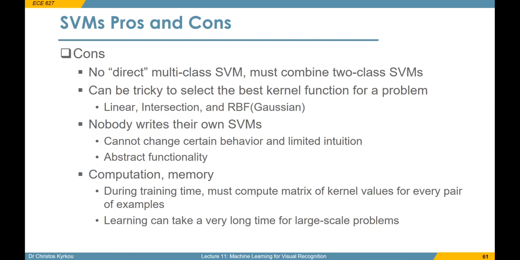And during training, they require a lot of memory, as I alluded to before, since they have to compute the dot product matrix with all the training data. And when you have a lot of data, going to larger scale problems, training can be very slow. So they don't play well with high dimensional and large scale data.